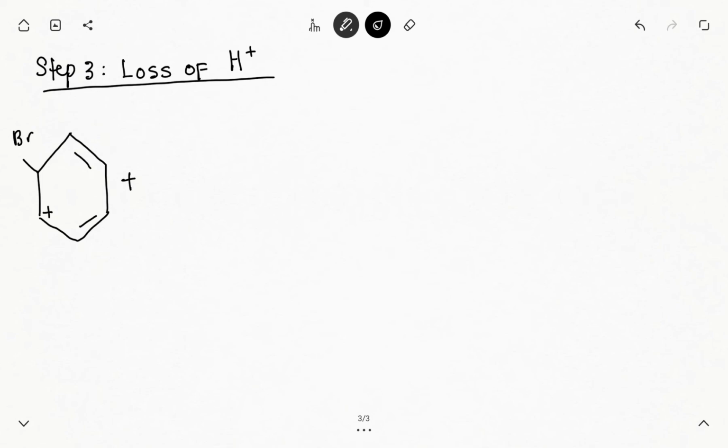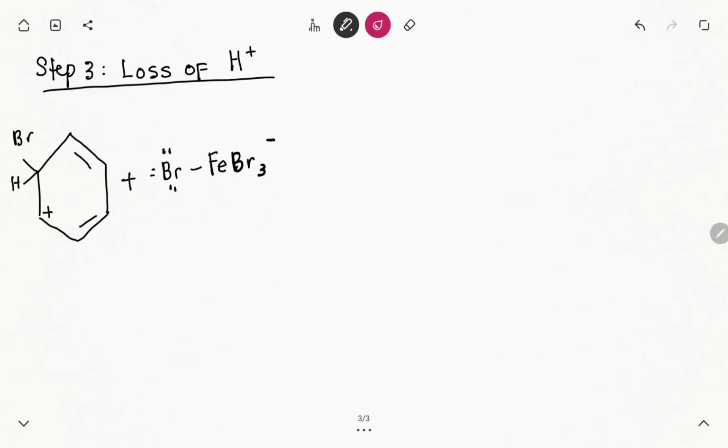So we copy the first arenium structure, and it must react again with the complex FeBr4 minus. This reacts with this molecule. So this is a process of replacement. The carbon attached to the bromine already has one hydrogen atom, so the process is substitution.